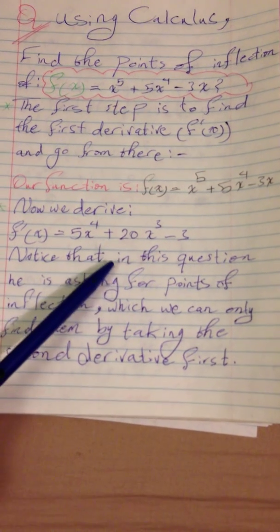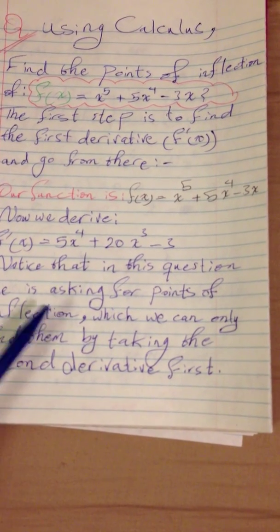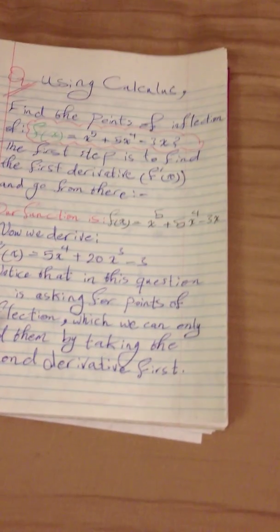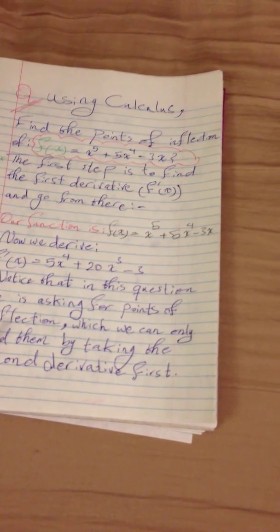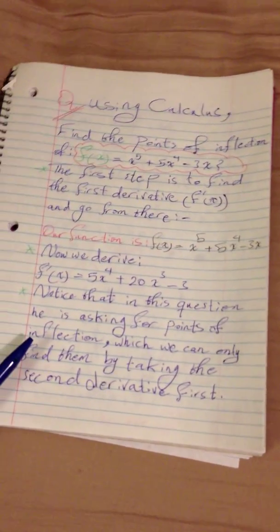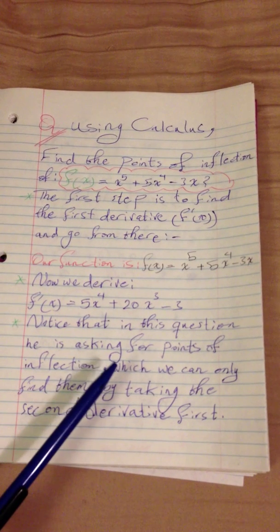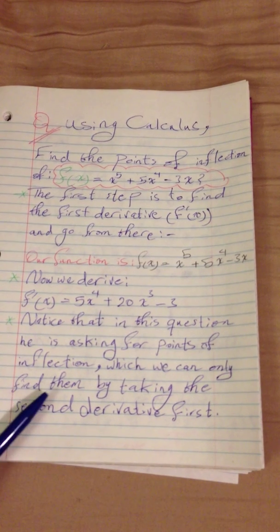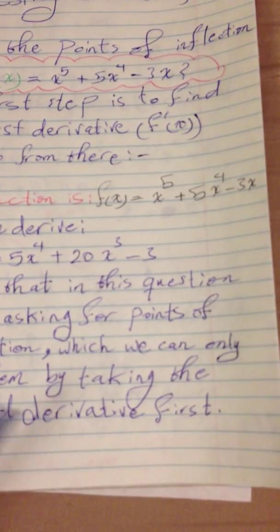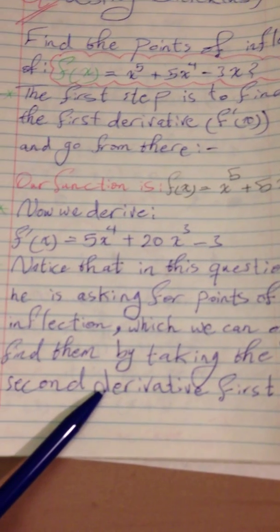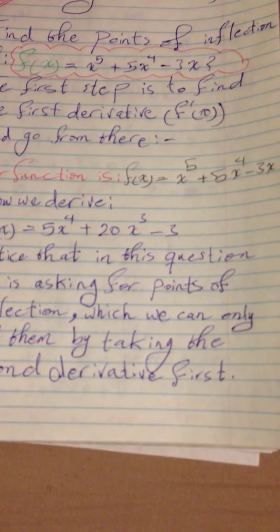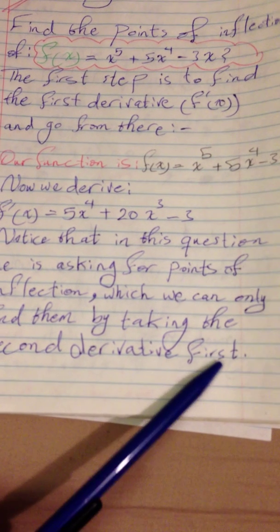Notice that in this question, he's asking for the points of inflection, not the critical numbers. So we have nothing to do with the first derivative, since we can only find them by taking the second derivative from the first derivative.